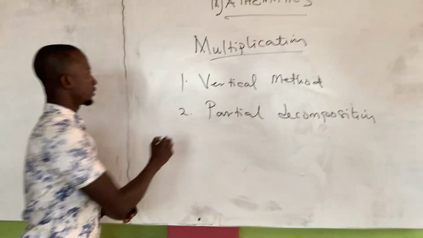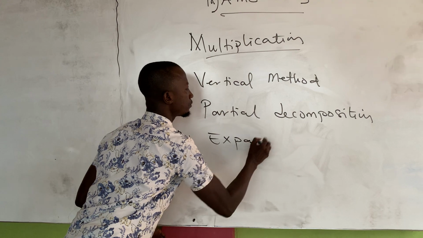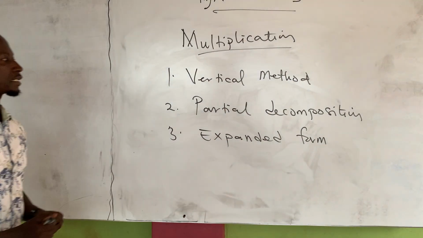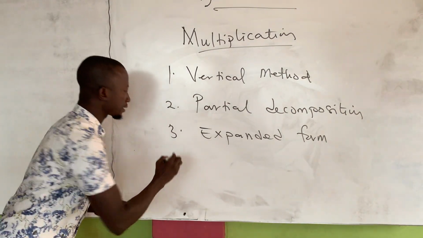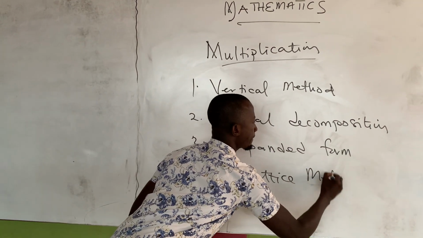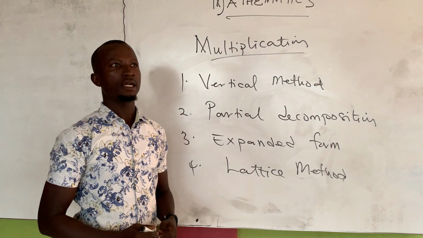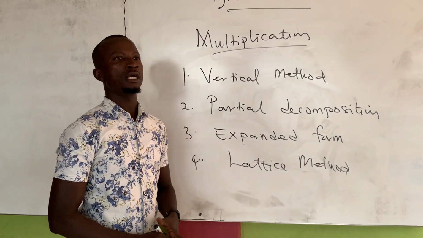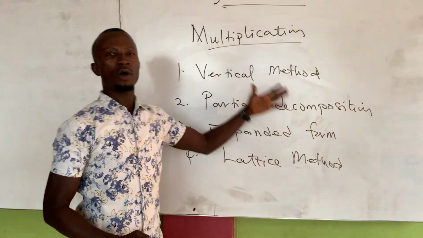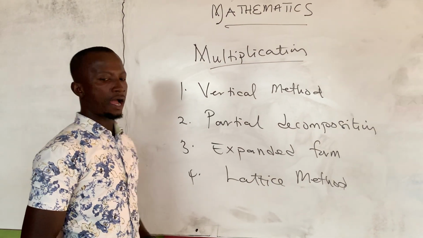The third one is the expanded form. And the last one is the lattice method. So multiplication can be treated under these 4 subcategories. Any of them that you use in examination, you are permitted to. But at the end of the day, you are going to pick the one that you are more conversant with. So I'm going to start with the partial one.